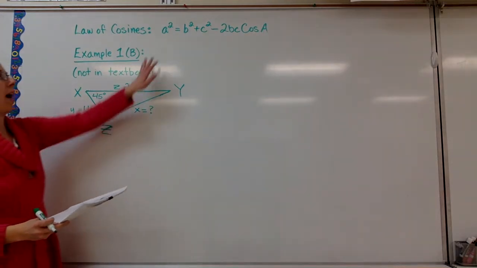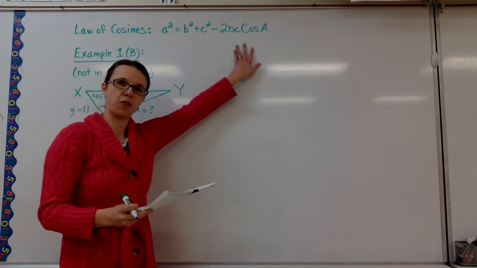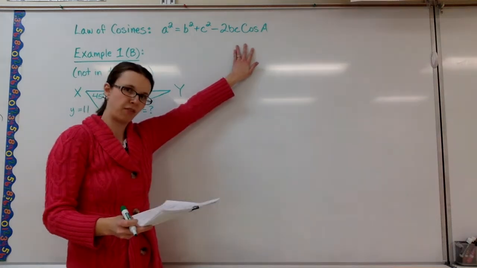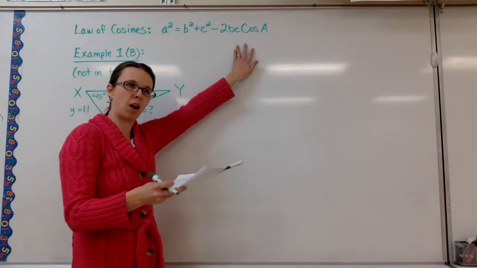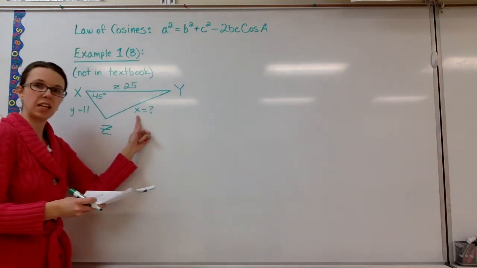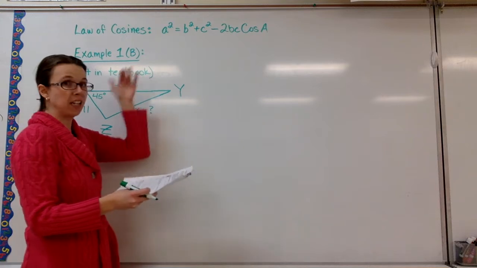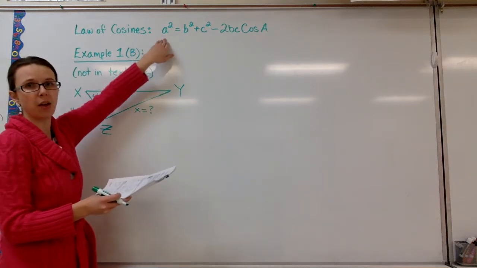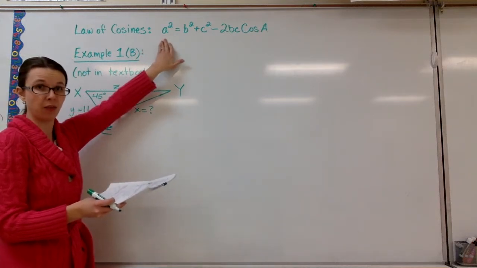So as we think about our formula that we had before for law of cosines, we want to modify it and make sure that we are putting the letters in the right spots, obviously. So if we're finding X, the one that you're finding should always be the one that's on the left-hand side by itself, okay?